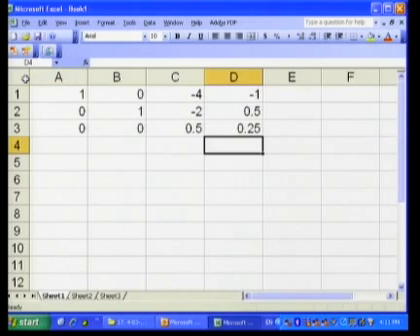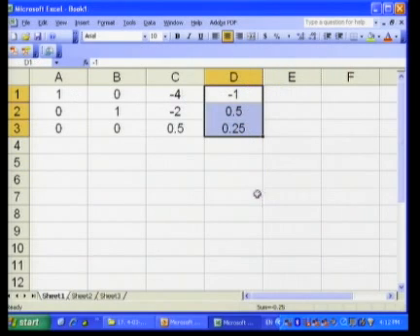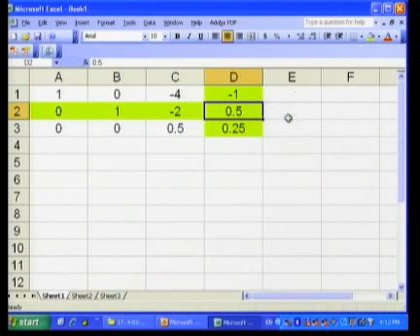Is that correct? So this is the pivot column, right? And this is the pivot row, which means this becomes the pivot cell, right?